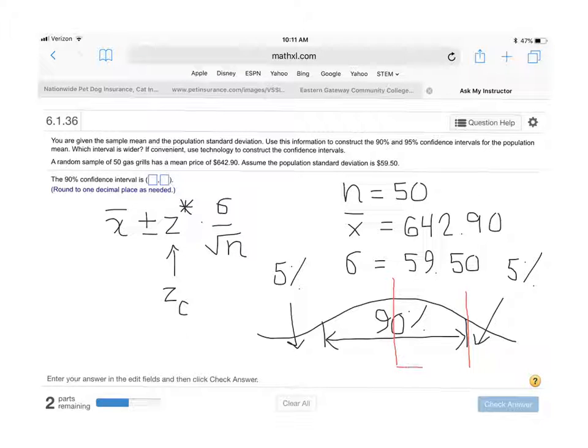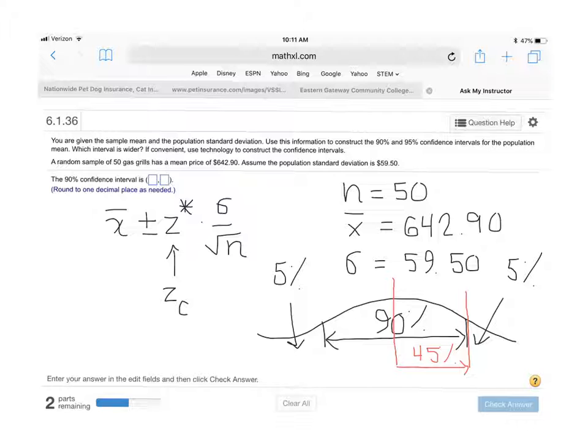So from the center to the end of the middle 90%, we should have half of that 90%, which is 45%. And so what we're doing is looking in our table to find as close to that 45% as we can get.